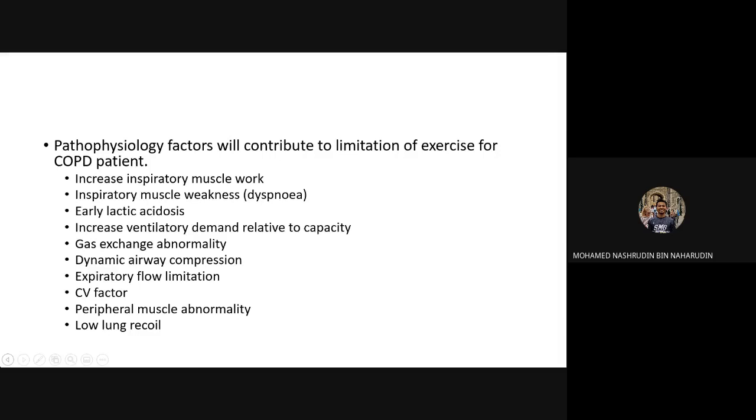The ability of the lung to recoil back is lesser or inefficient. So these are the limitations during exercise that COPD patients will experience.